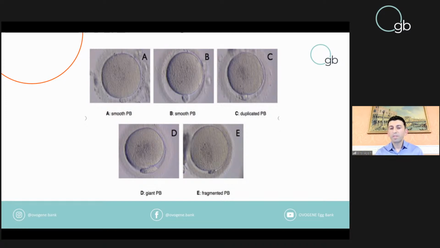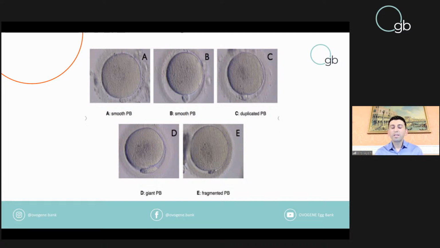One of the main reasons is that if the polar body is giant, fragmented, or duplicated, it is possible that with a high concentration of the cryoprotectant, it can just degenerate. That's why after warming, you may not find it. So what is the effect of that? Firstly, the main effect is cleavage arrest. For those kinds of oocytes, you may find cleavage arrest.